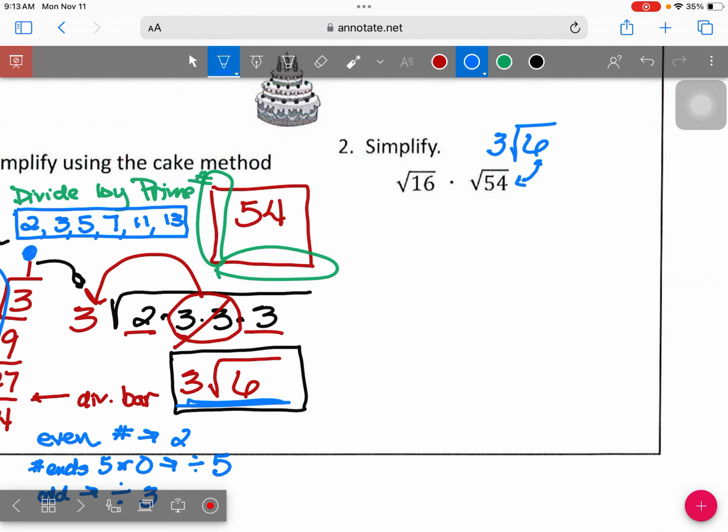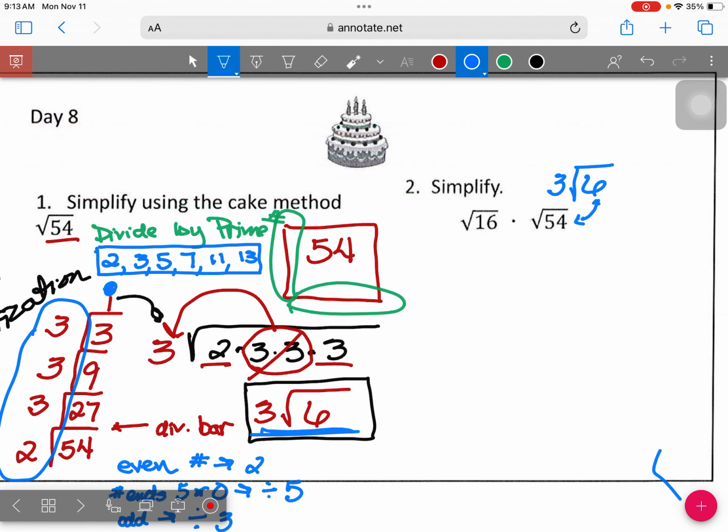If I were to draw a square that had an area of 16, do you know what the square root would be? What number times itself gives you 16? 4. So if you know that, it makes the problem really easy.